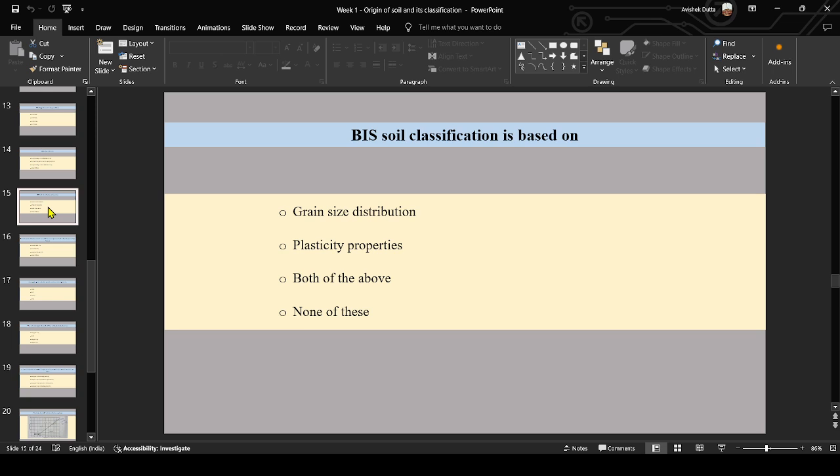If you don't have any idea, BIS is Bureau of Indian Standards. As per the Indian Standard Soil Classification, which are the important parameters on which that classification system is based? Grain size distribution, plasticity properties, both, or none of these.